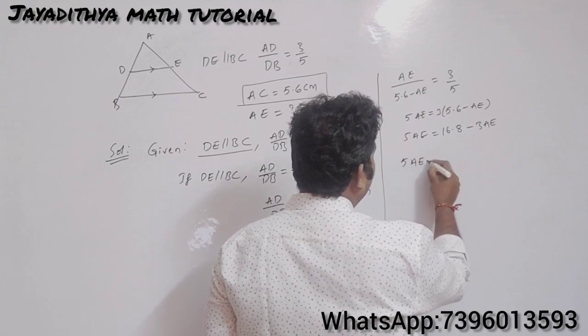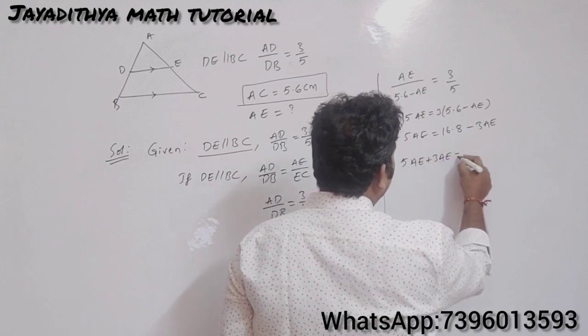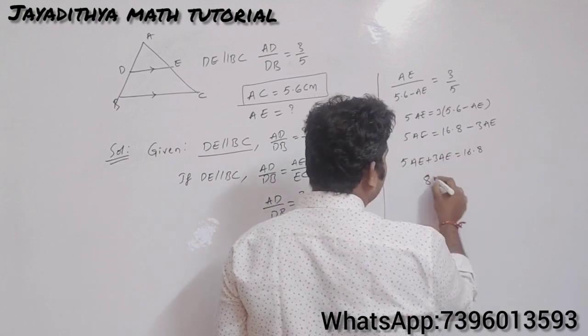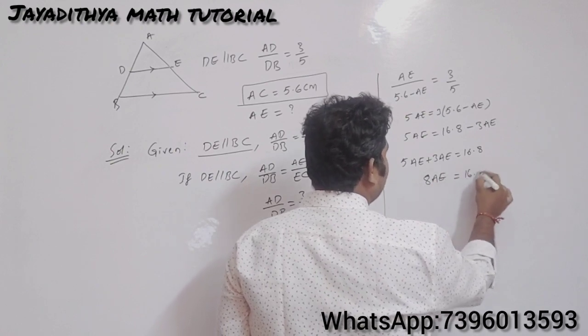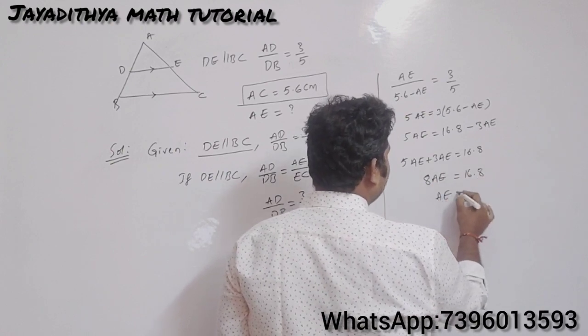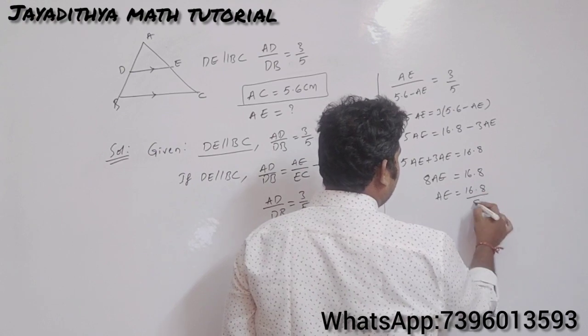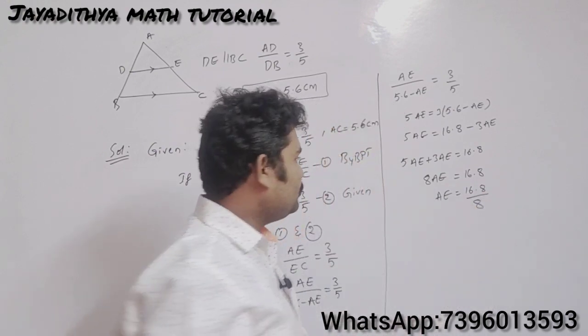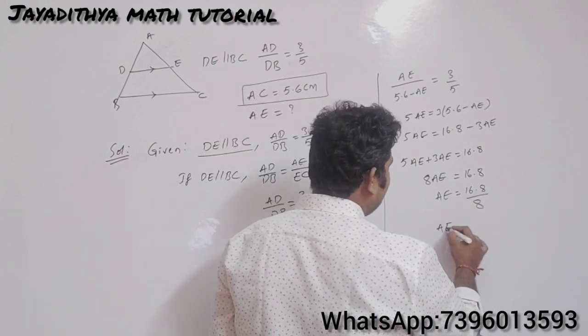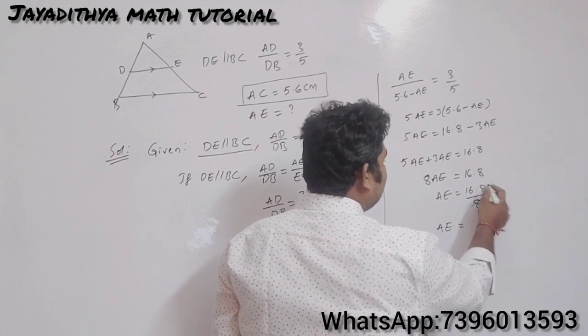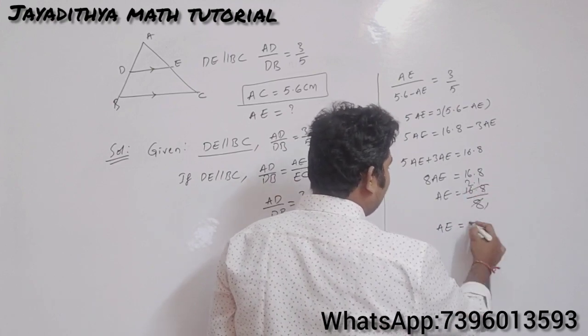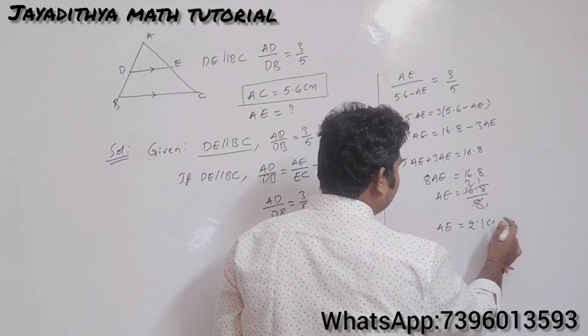That is 5AE plus 3AE is equals to 16.8, which is 8AE is equals to 16.8, and from this you can write AE is equals to 16.8 by 8. If you simplify this, AE is equals to 2.1 units.